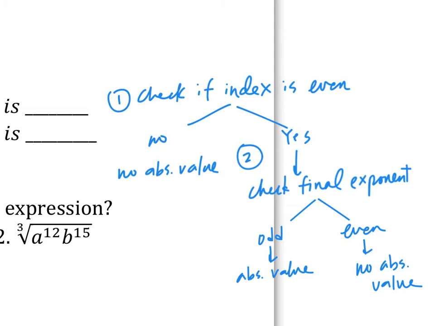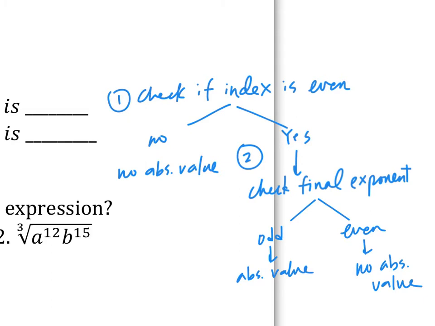All right. Okay, let's go over it again. So when you are simplifying, you're going to first check to see if the index is odd or even. If it's odd, there's no need for absolute value ever. If it's even, you do have to check. So you're going to simplify, and then you look at whatever came out. If whatever came out has an odd exponent, you do need to put absolute value.